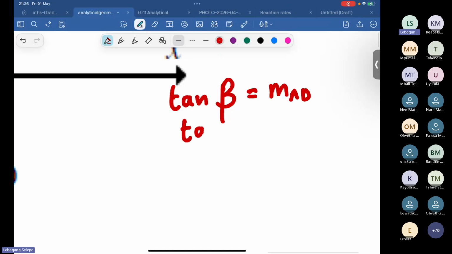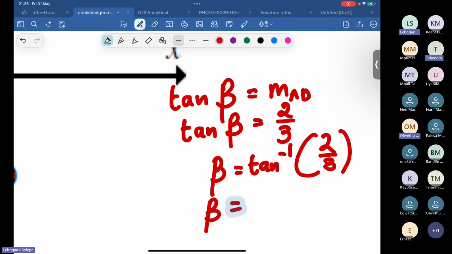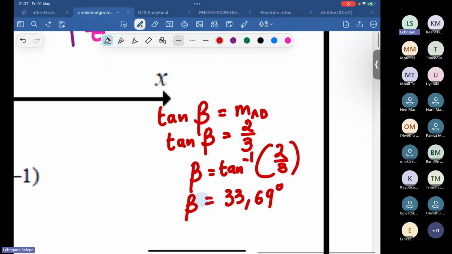When you punch tan inverse of 2 over 3 into your calculator, what do you get? 33.69. Do I have to add 180? No, because it's a positive angle. I would have added only if it was a negative angle. So that is perfectly fine, and that is technically it.